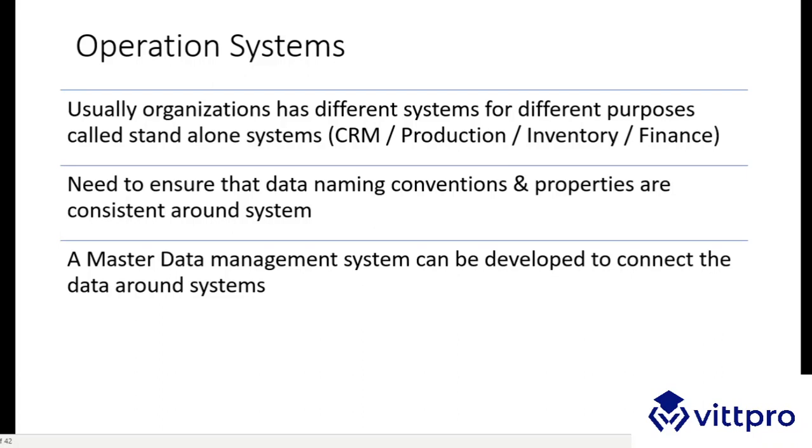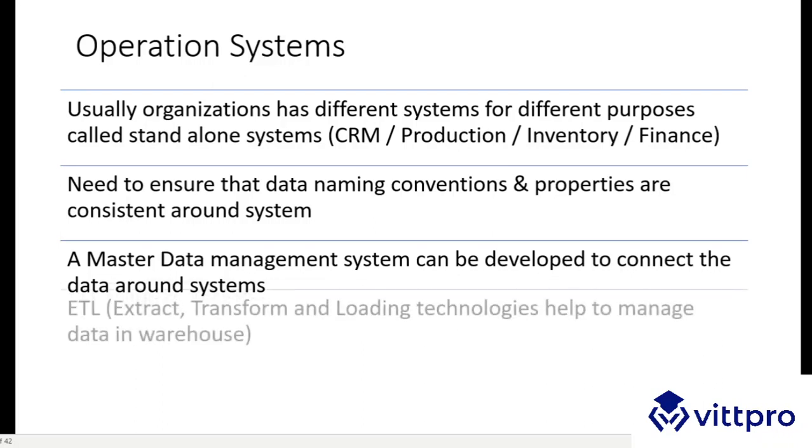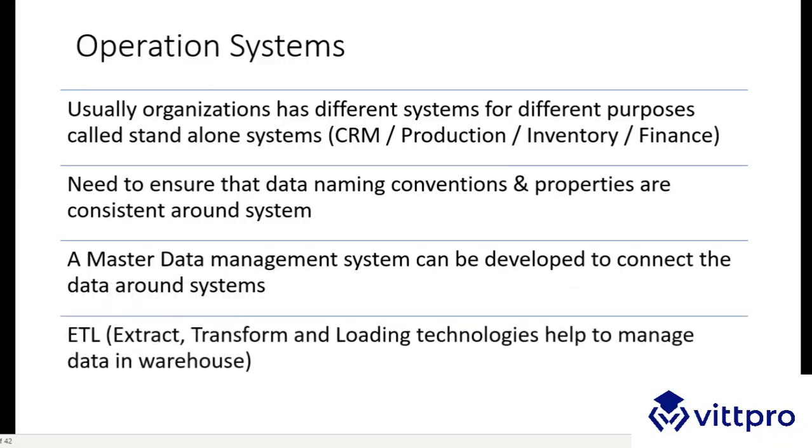If the company is using different types of operating systems which need to be connected, to help with this there is usually a technology called ETL, extract, transform, and loading, which helps to manage the data in the warehouse, and which we have discussed in our previous overview.